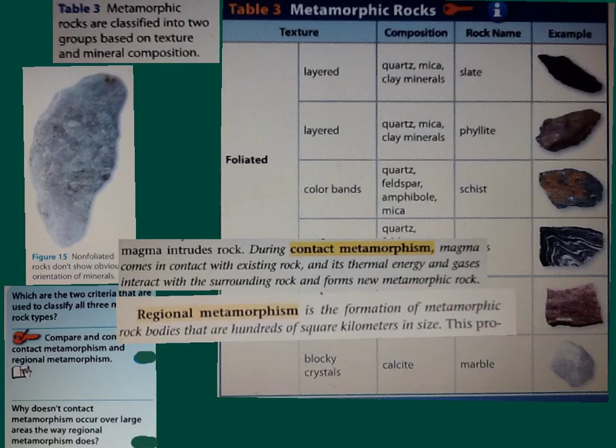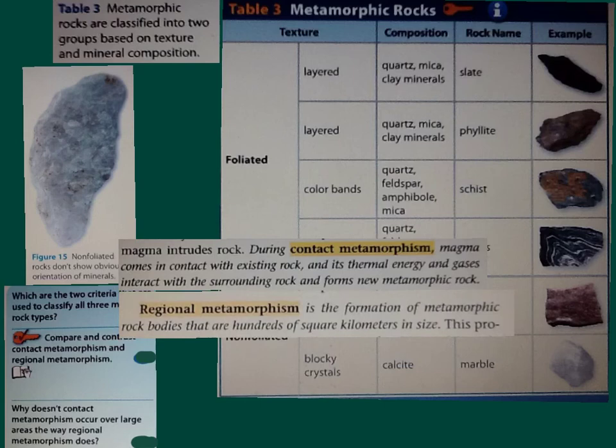Key concept check. Compare and contrast contact metamorphism and regional metamorphism. You'll notice that I have put a couple of things in here. Here's one, and here's one. Contact metamorphism. Make sure that you write its definition.